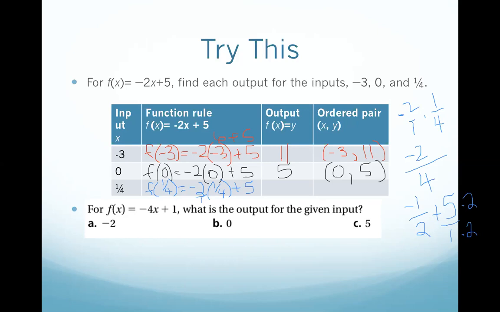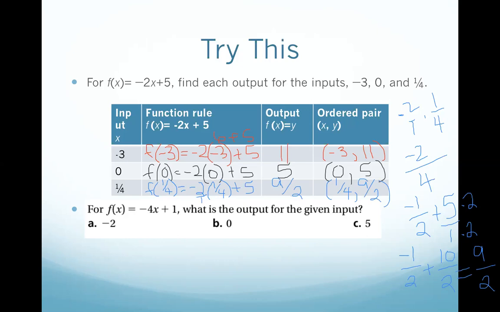There's only one expression here. So now we have negative 1/2 plus 10/2. Now that they have a common denominator, we can add across. Negative 1 plus 10 is 9/2. So our answer here is 9/2, giving us 1/4, comma 9/2. So notice we can do this with fractions as well.